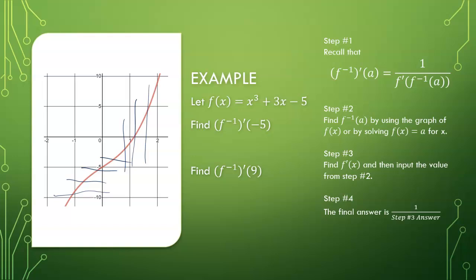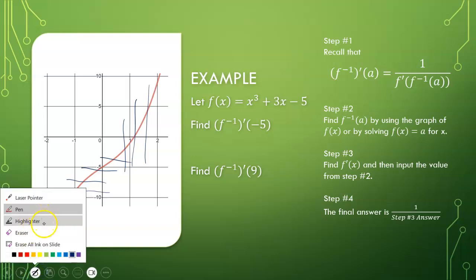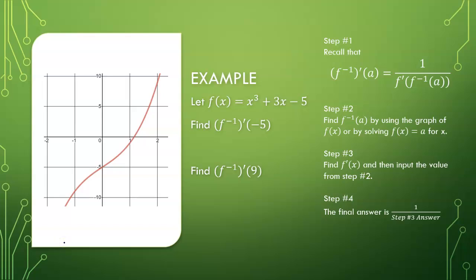But if I try to find the inverse function, I can't. So if I'm trying to figure out what the slope of the inverse is at -5, then I'm going to look for the point on the function that has a y coordinate of -5. So I'm going to look at this point here, (0, -5). If I didn't have a graph, I would be guessing and checking values that might give me a y coordinate of -5. And I can see that if I plug in 0, I am going to get -5.